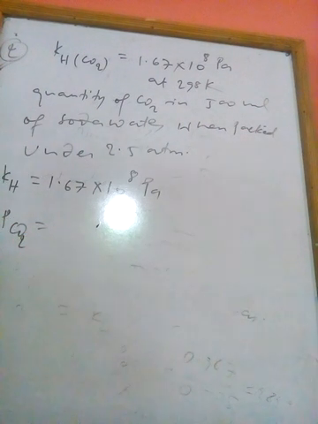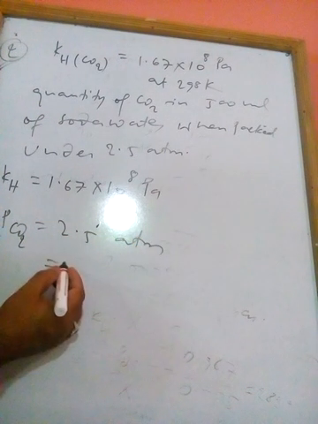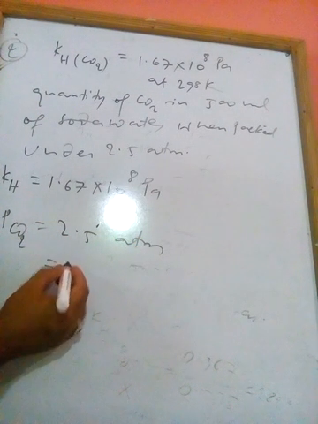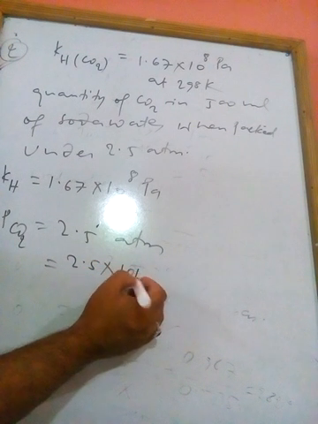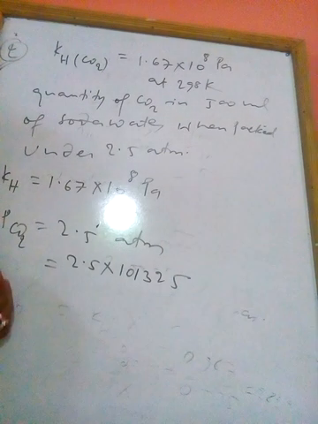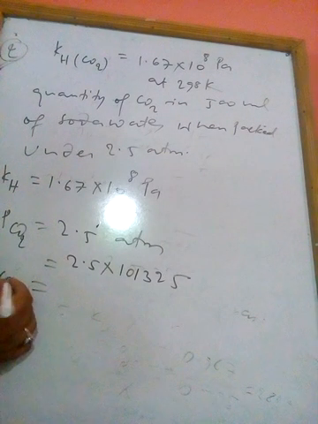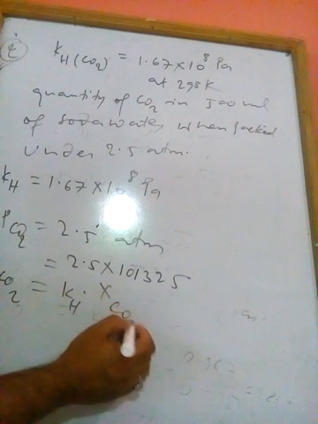P of CO2 is given in the question, that is 2.5 atm, and it should be turned into Pascal by multiplying 2.5 into 101325. According to Henry's law, P of CO2 is equal to KH into mole fraction of CO2.